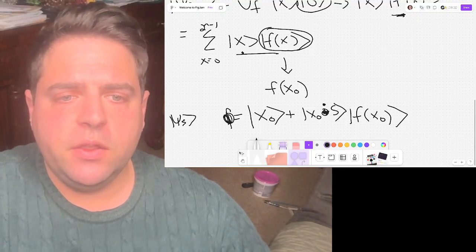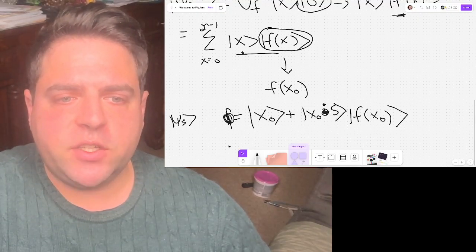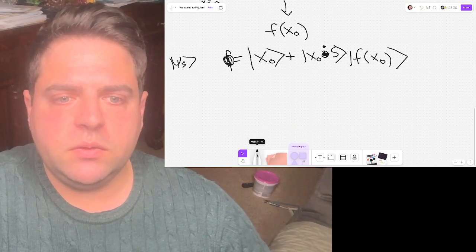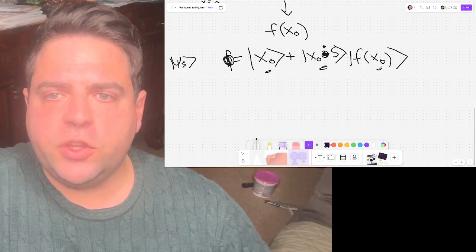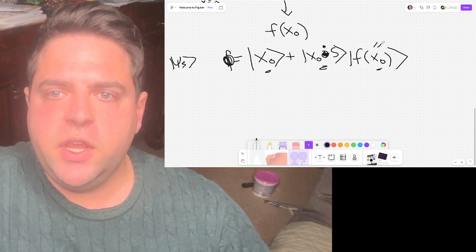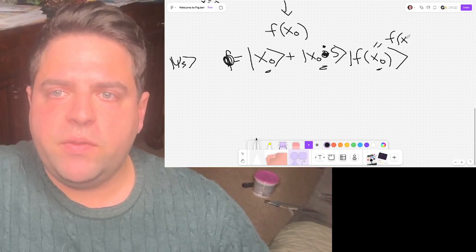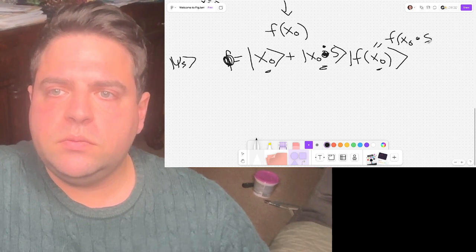So either of these x's could have satisfied this function, because this equals f of x of 0 by x, right?